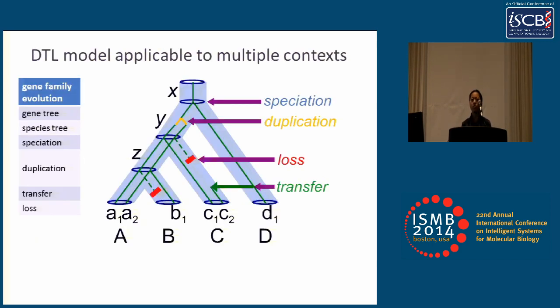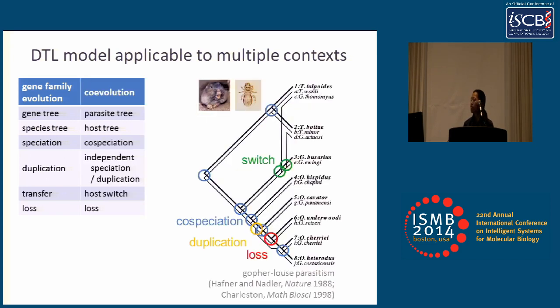So before I go on to the results of the paper, I just want to make a side note that right now I've been talking about this duplication-transfer-loss model in terms of gene family evolution, but it turns out it's actually applicable across multiple contexts. So for example, we can consider the co-evolution of two different species. Here I have a gopher species tree and a louse species tree.